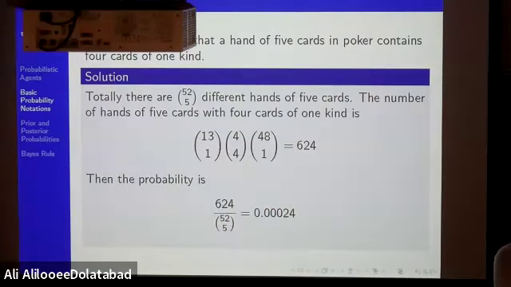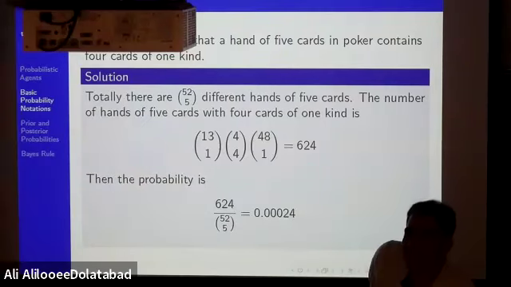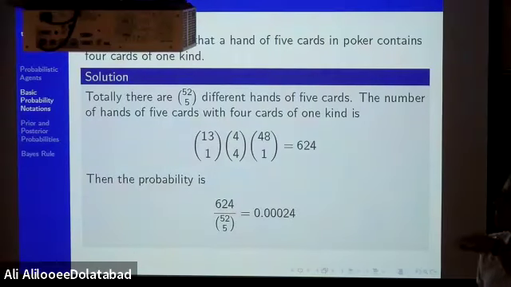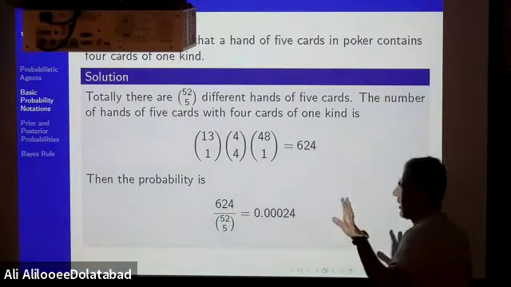So I need 5 cards. First pick a kind, so 13 choose 1. From that kind you choose all 4. And then the remaining would be 52 minus 4. Thank you. What was your name? AJ. Nice to meet you, AJ. Very good explanation. Thank you, AJ.